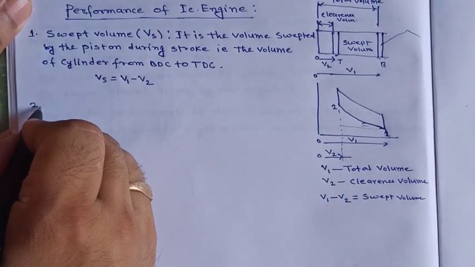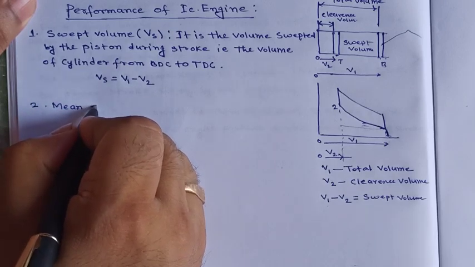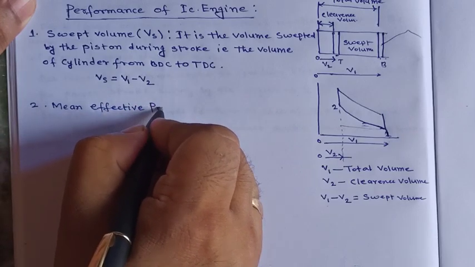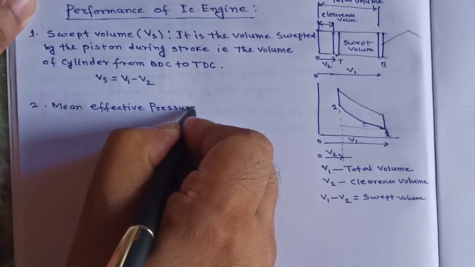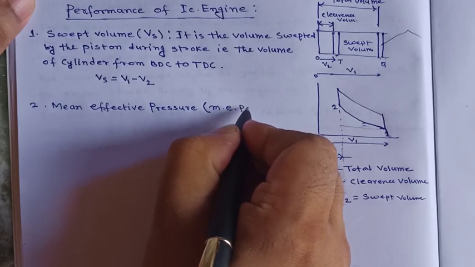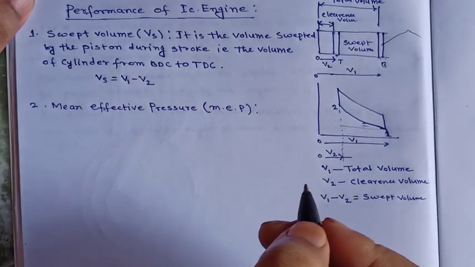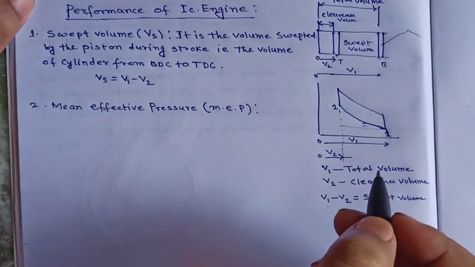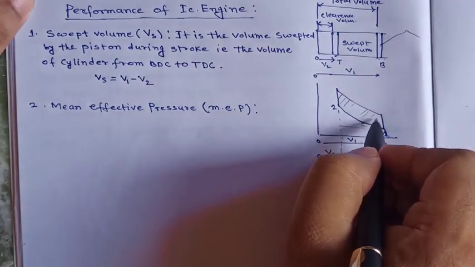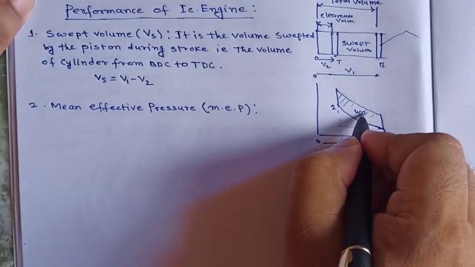Now next is mean effective pressure, which is denoted by MEP. It is the ratio between work done and swept volume. What is work done? This area is the work done.